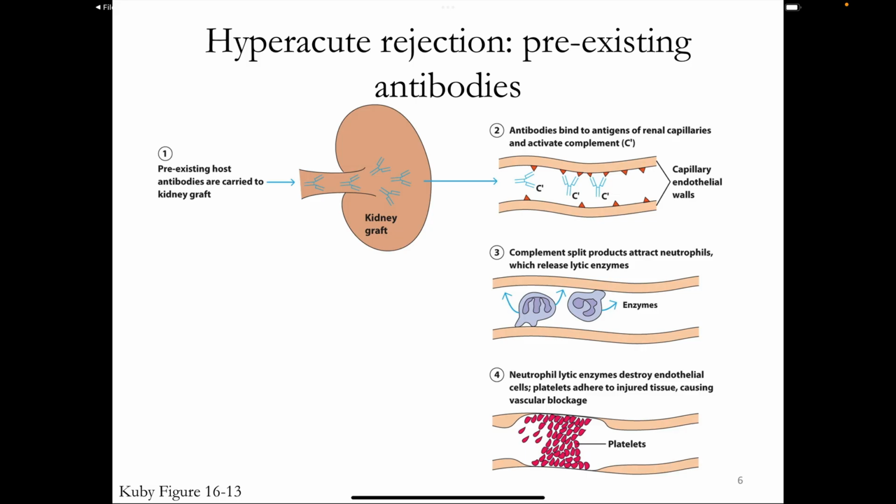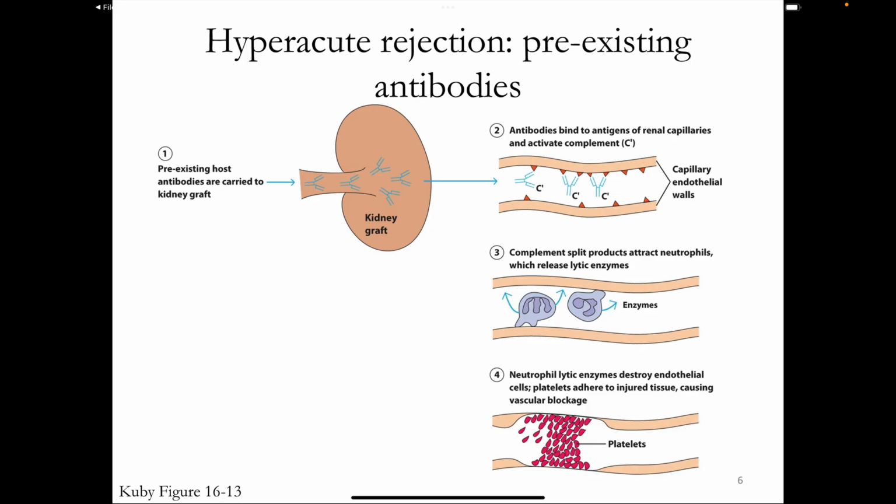The key thing with hyperacute rejection, of course, is that it's happening fast. We're talking within a couple weeks. And the key reason why hyperacute rejection is happening is because of a person having pre-existing antibodies to the organ that is transplanted.